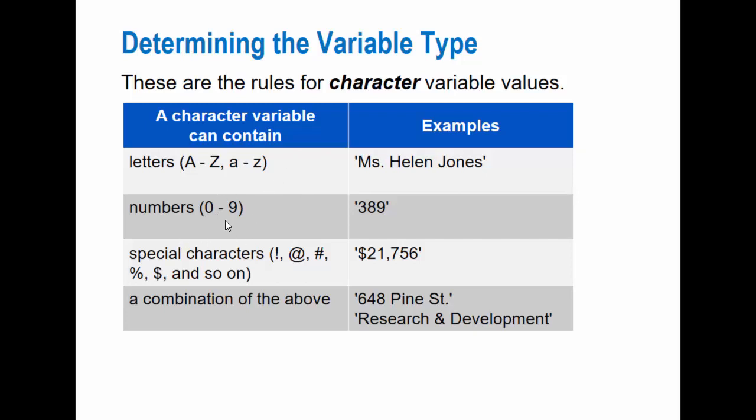It could have numbers too, treated as characters and not as numerical values. Like telephone numbers or zip codes are numbers, but they're not really values in the mathematical sense. And special characters can be that too. If it has a character like that, then it is not a numerical value, it is just a character value. And a combination of all of that.